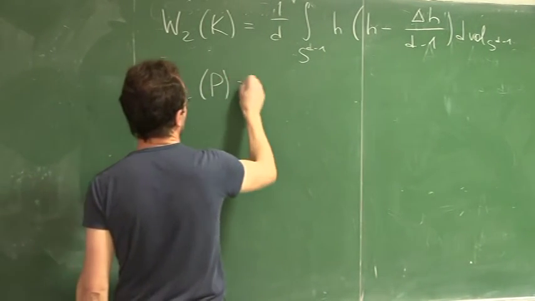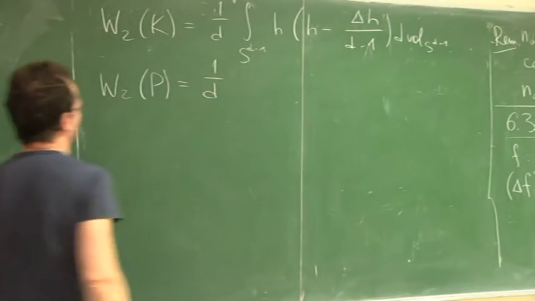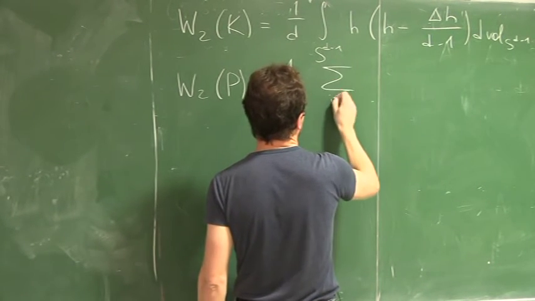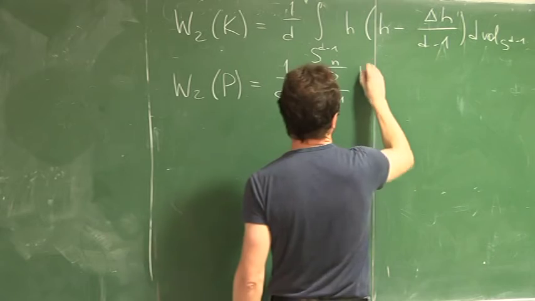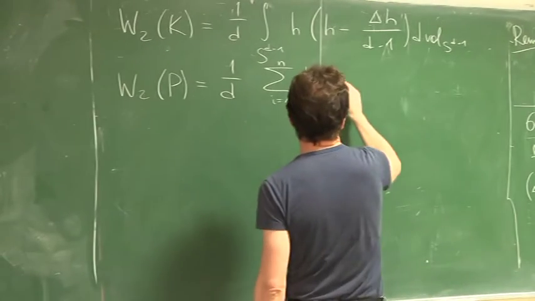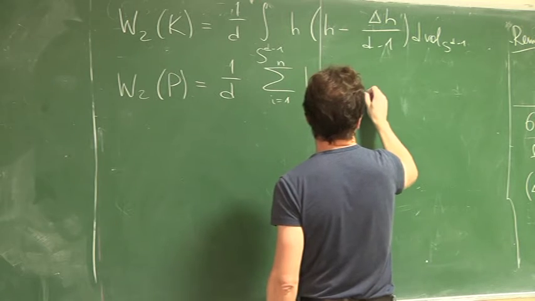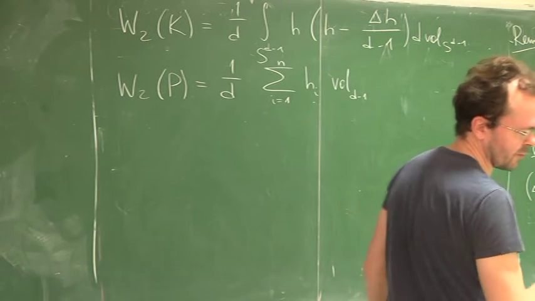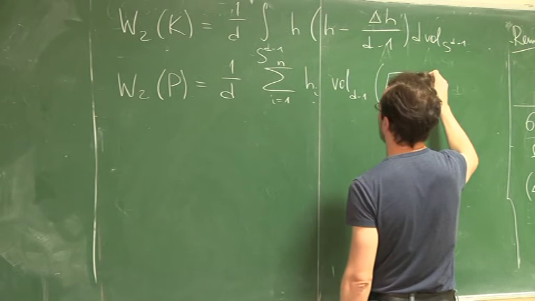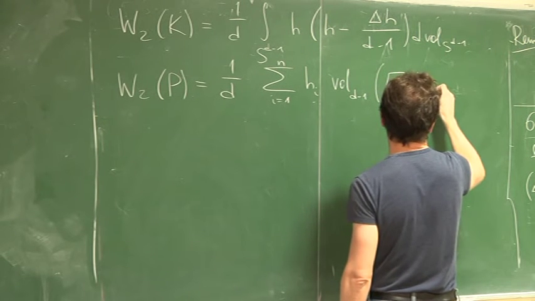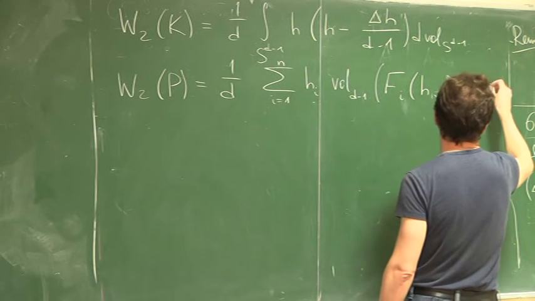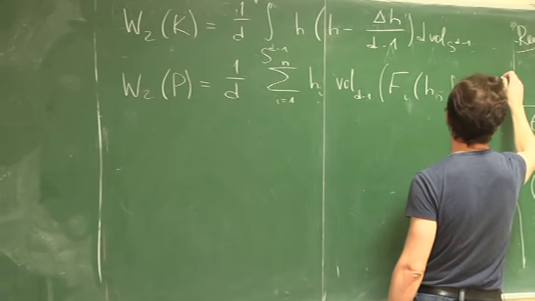If P is a polytope, then this is equal to the sum over i from 1 to n of h_i times the mixed volume of F_i of h, and then d minus 1 copies of the vector 1.